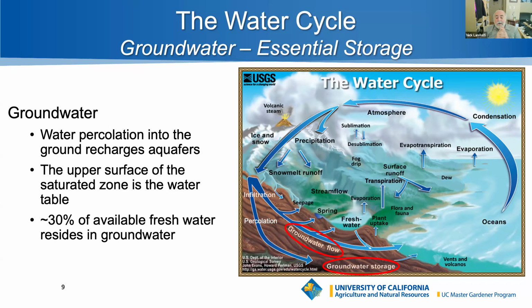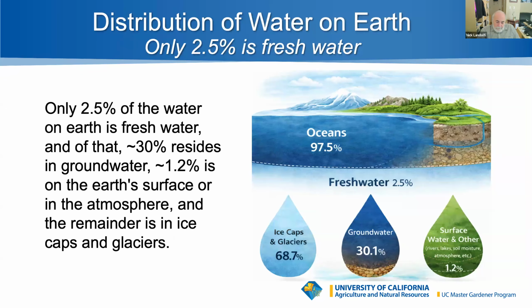Groundwater contains 30% of the Earth's fresh water supply, and holds approximately 50% of the supply of drinking water. It is worth mentioning that fresh water makes up only 2.5% of the water on Earth, of which, as I've mentioned, 30% resides in groundwater. Over 97% of the Earth's water is contained in the oceans.